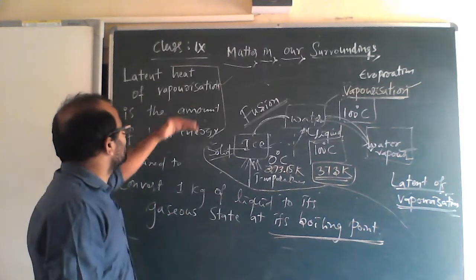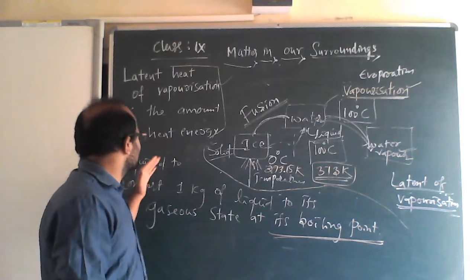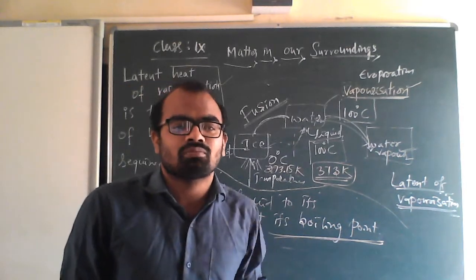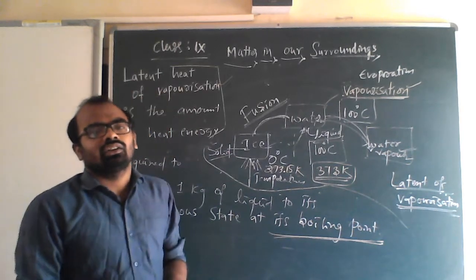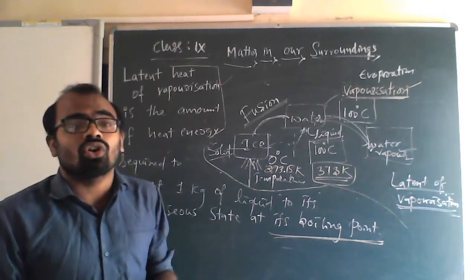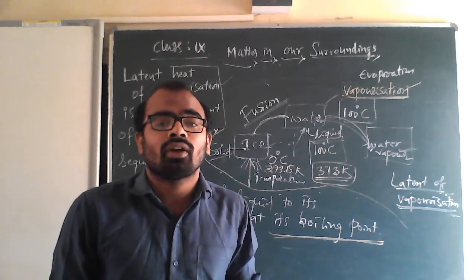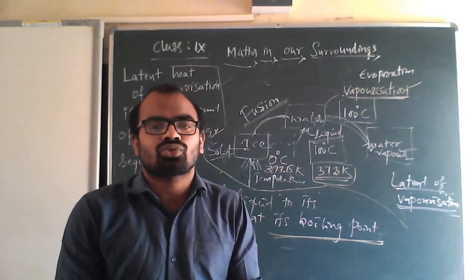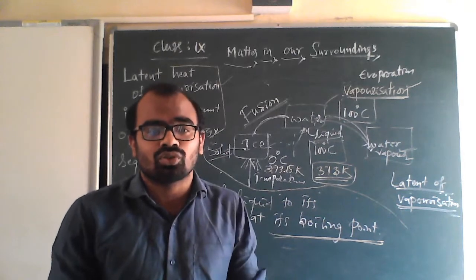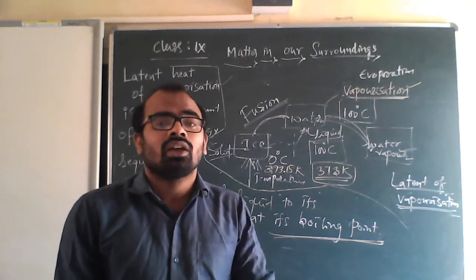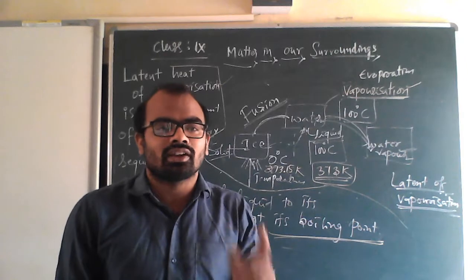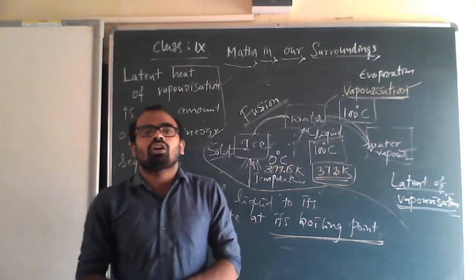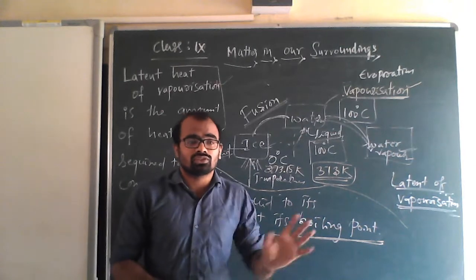Now latent heat of vaporization: the amount of heat energy required to convert 1 kg of liquid to its gaseous state at its boiling point. Melting point of water is 0 degrees Celsius or 273 Kelvin. Boiling point of water is 100 degrees Celsius or 373 Kelvin. I hope you are all clear with these concepts.